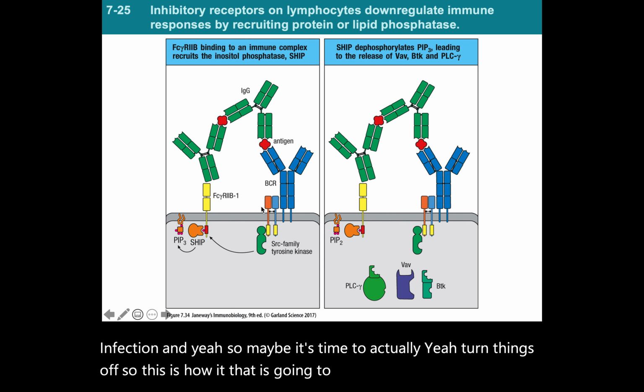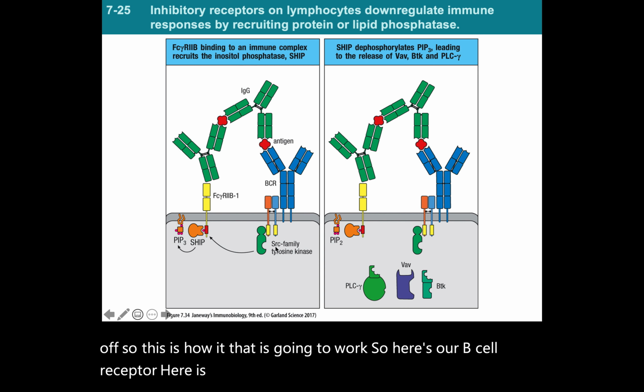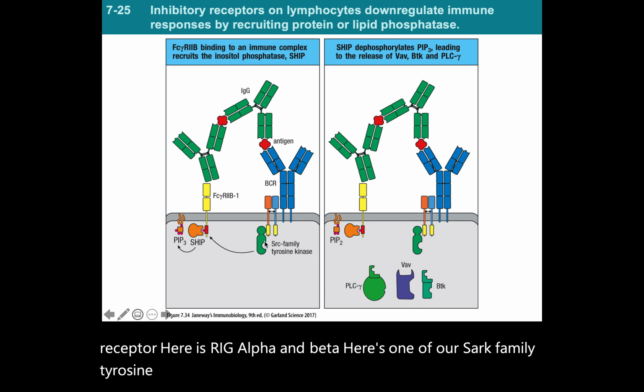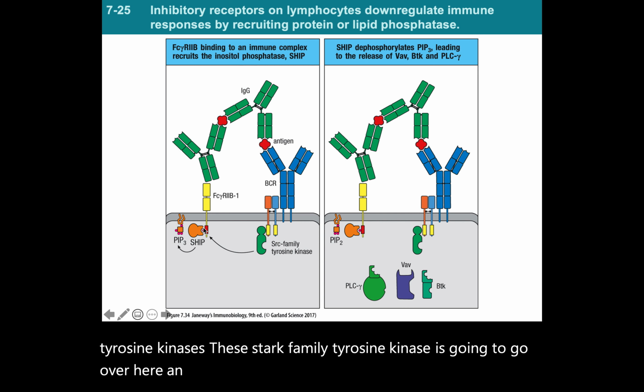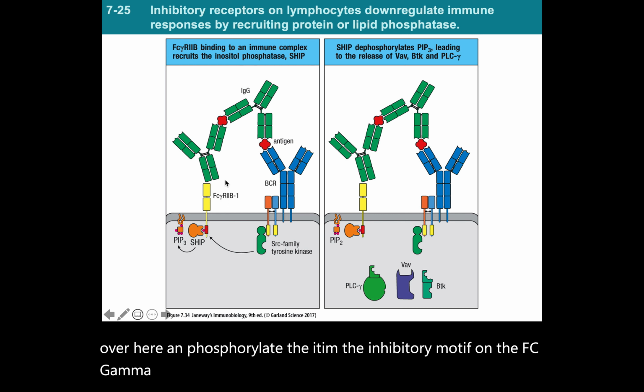So here's our B cell receptor, here's our Ig alpha and beta, here's one of our Src family tyrosine kinases. The Src family tyrosine kinase is going to go over here and phosphorylate the ITIM, the inhibitory motif, on the Fc gamma receptor 2 type B1.